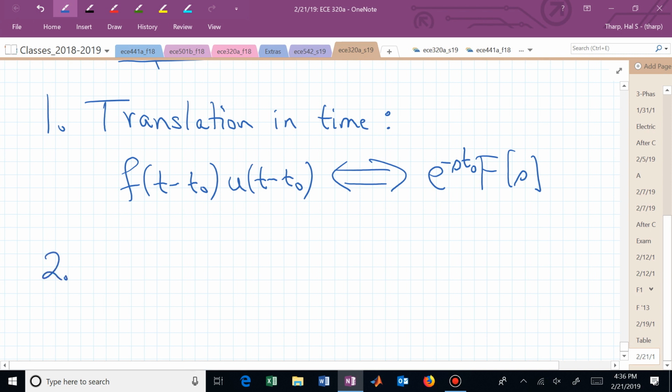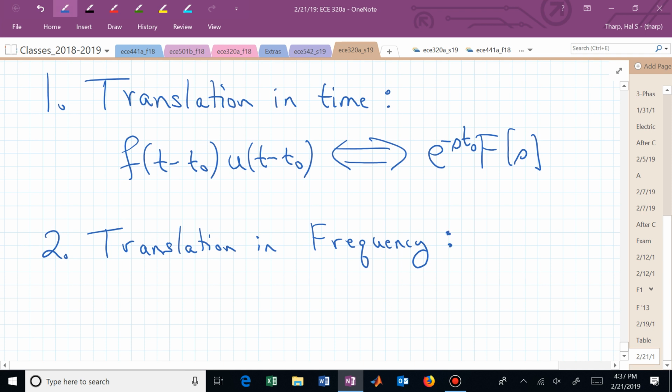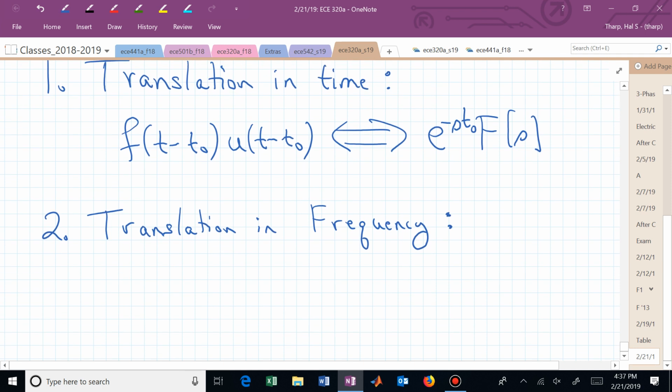Another operational transform: instead of translating in time, let's translate in frequency. It's going to look similar to what we have in row 1, except we're doing the exponential in the time domain, so that now we have e to the minus a t scaling f of t. And we've seen this. We did an exponentially damped cosine.